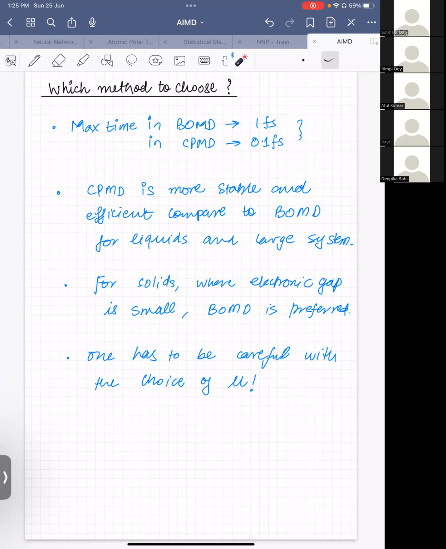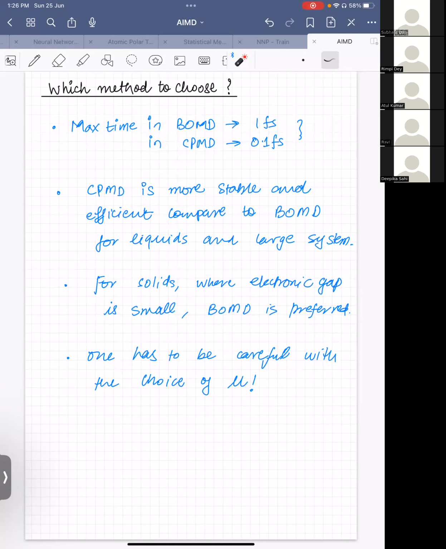In BOMD, we already ensure that it is always on the Born-Oppenheimer surface. So stability means in which respect? Stability is basically the conservation of energy throughout the simulation. Actually, BOMD is like your classical MD, just that the force is calculated from electronic structure calculation.